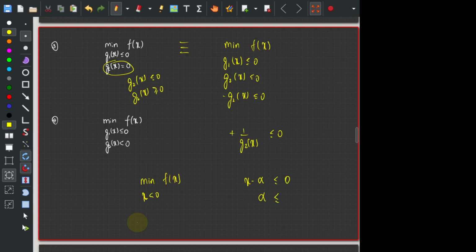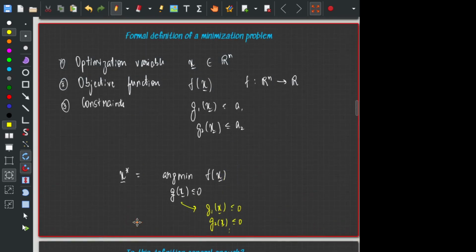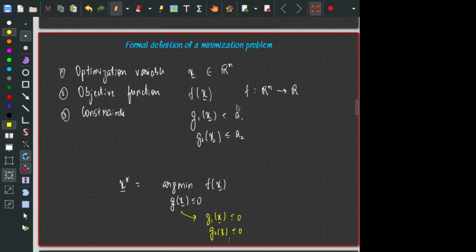Maybe the set has to be closed and not open. I mean, all the values x can take have to form a closed set. Very good. That's true. Basically, the constraints you have over here are all less than or equal to constraints.